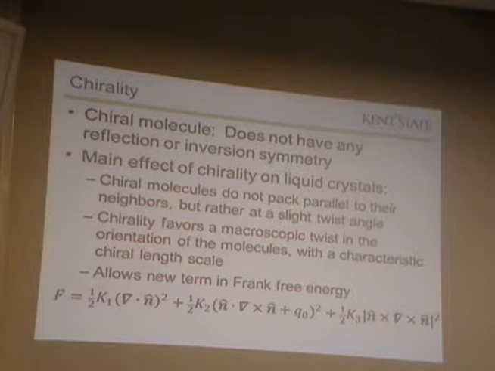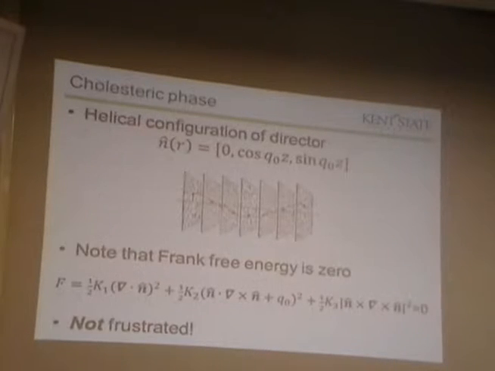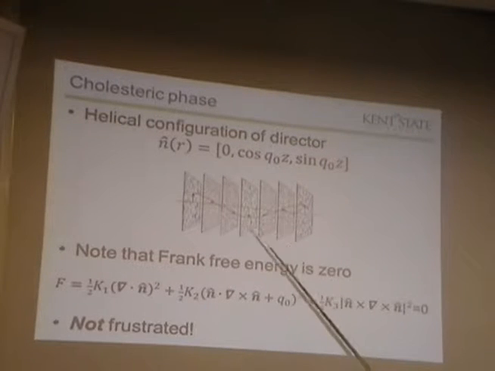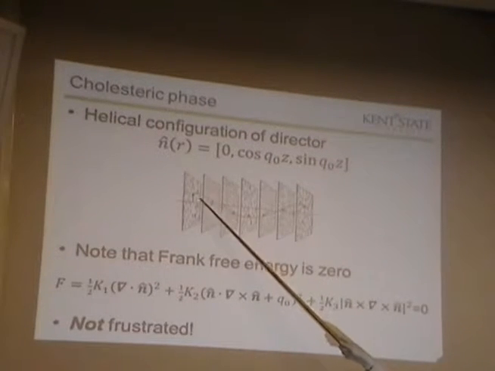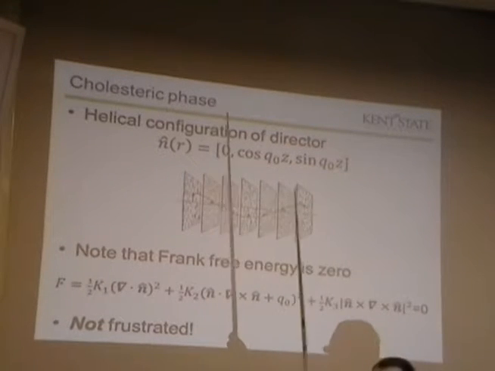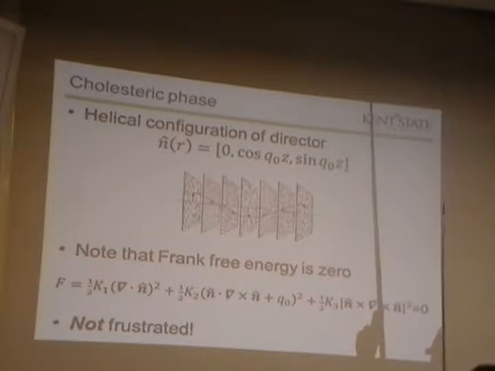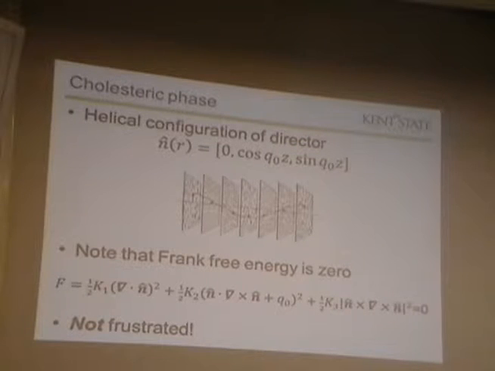And that changes what's the lowest energy state of the model. The lowest energy state of the model is now no longer the thing that has a uniform director, but instead it has this helical modulation of the director field, where the director field here is pointing in some direction, and then as you go along the helical axis, it's twisting around.